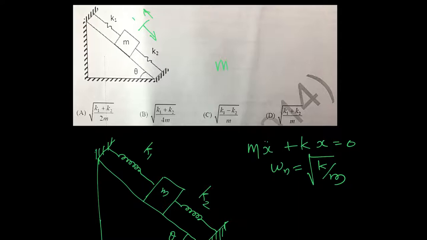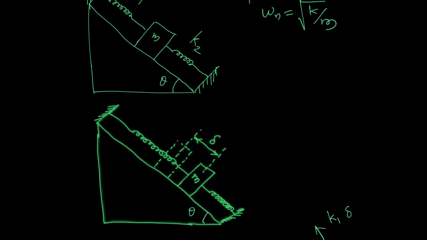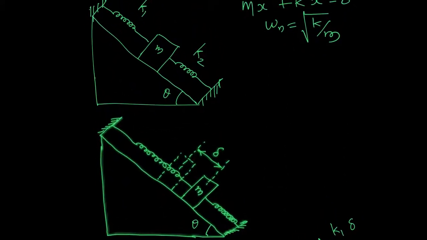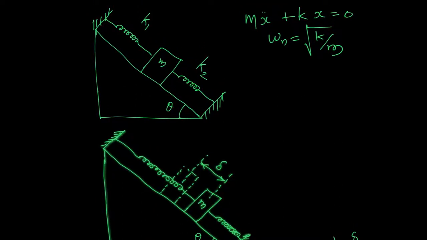The formal way of answering is to first understand the static deflection scenario for this particular problem. The static deflection scenario will be something of this sort. Initially, this is the configuration, the springs are unstretched.